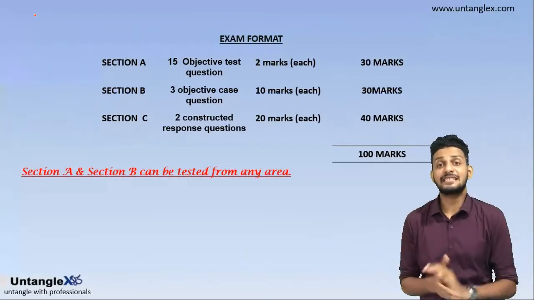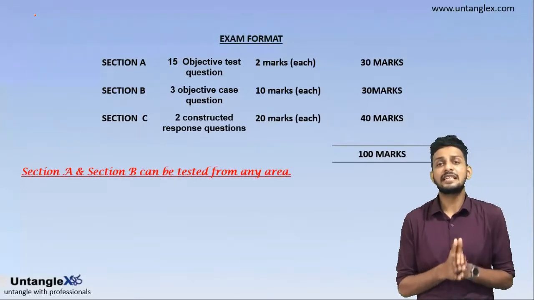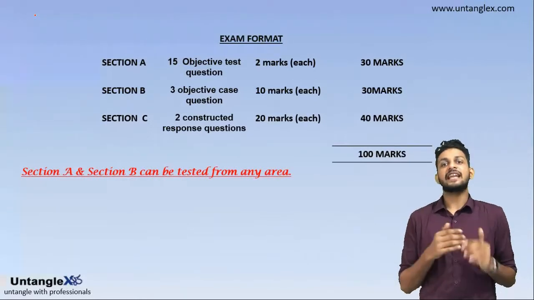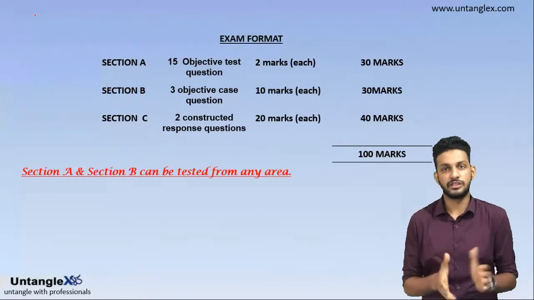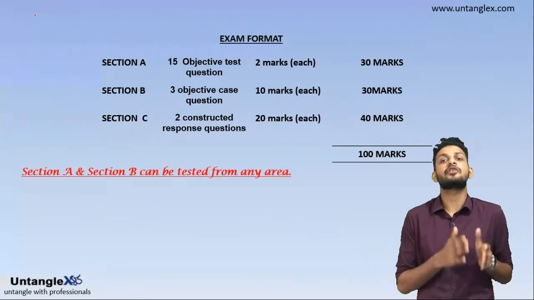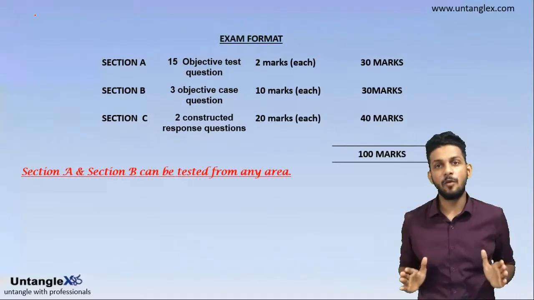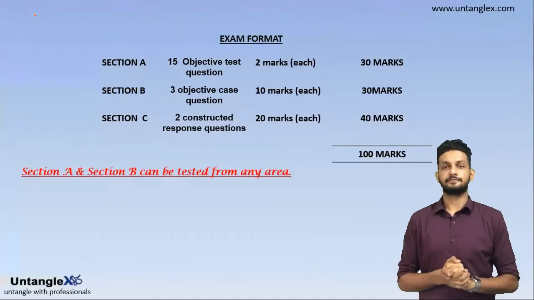In section C, there will be 2 constructed response questions which carry 20 marks per question. Constructed response means this is your essay type question. Okay. So this is the exam format. So the maximum mark is 100.